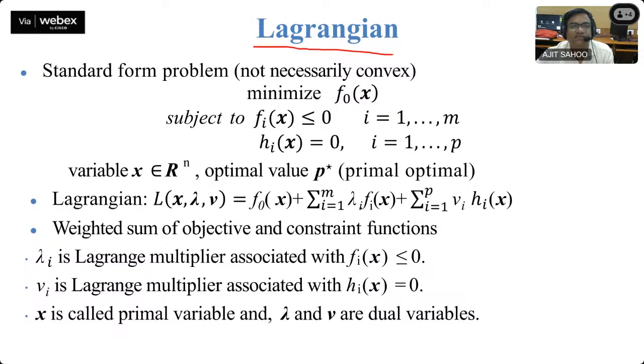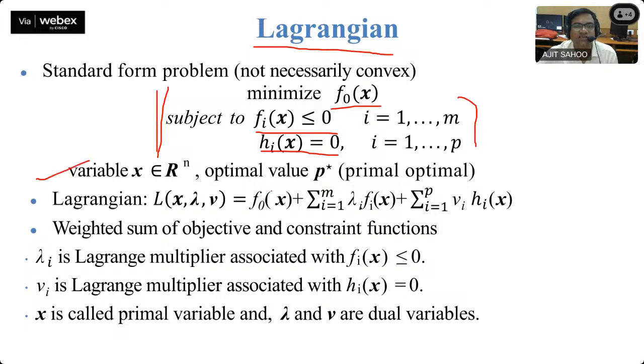So next you will see the Lagrangian. You see the standard problem, how to solve the constrained optimization problem. It is of the form minimize f0 of x, subject to fi of x less than or equal to 0, hi of x equal to 0. So first you form the Lagrangian.